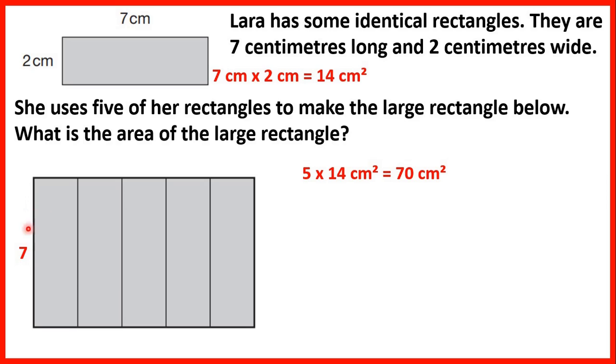So we know that the longer length is 7, and then each rectangle is 2 centimetres wide, so we have 2, 2, 2, 2, 2, and 5 times 2 is 10. So then, because this larger rectangle has a width of 7 and a length of 10, we can multiply 7 by 10, and again we get the same answer. We get an area of 70 centimetres squared.